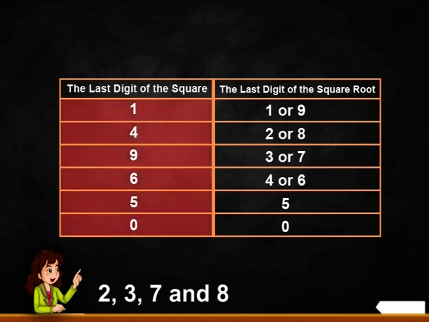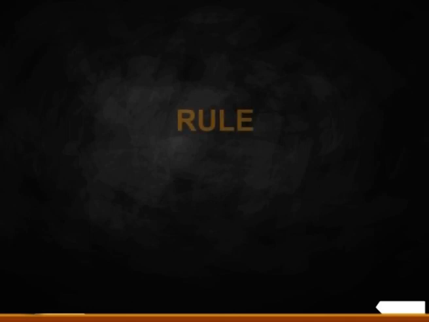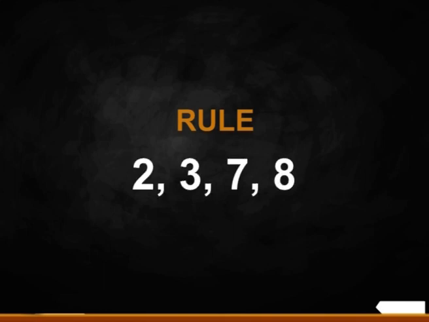That means there is no perfect square which ends with the numbers 2, 3, 7 and 8. Thus, we deduce a rule. And the rule says, a perfect square will never end with the digits 2, 3, 7 and 8.